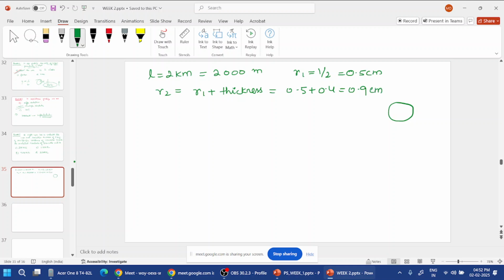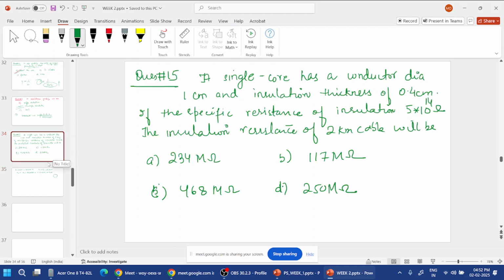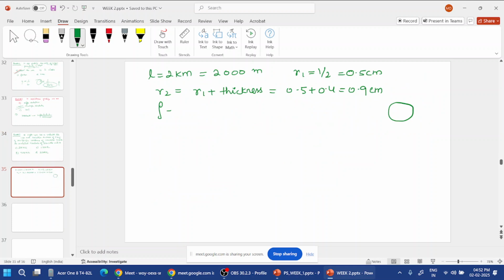And the specific resistance rho is equal to 5 into 10 raised to the power 12 ohm meter.